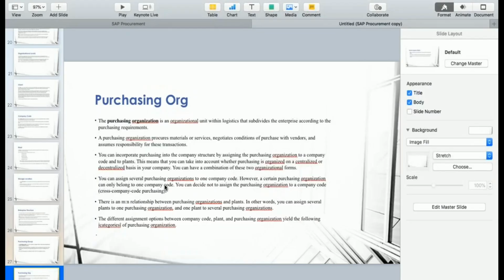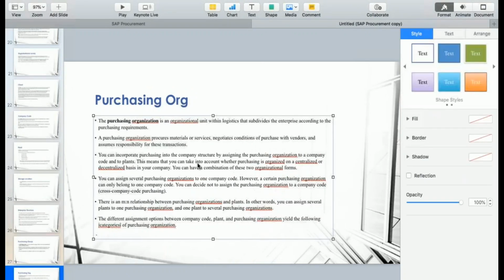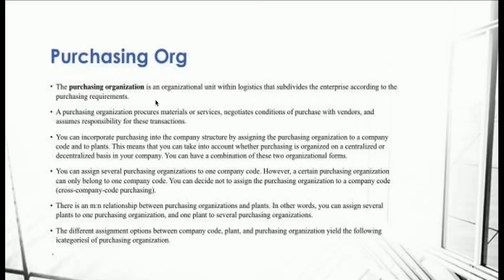Okay. So, yes, I was talking about this. You can assign the purchasing org to different company codes and different plants. You can assign several purchasing organizations to one company code. However, a certain purchasing organization can only belong to one company code.